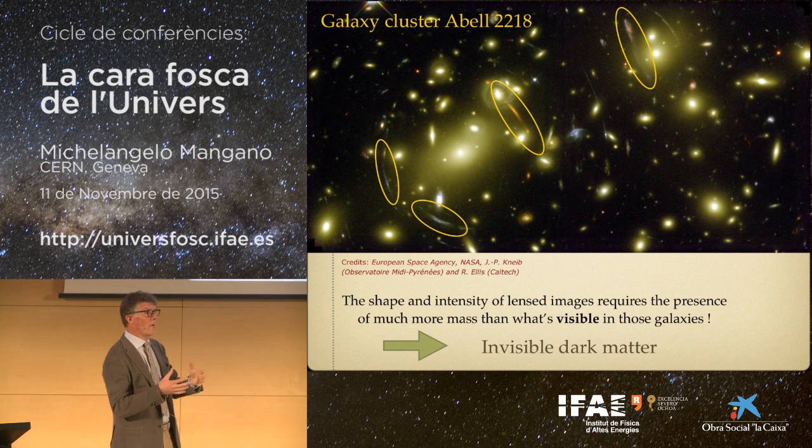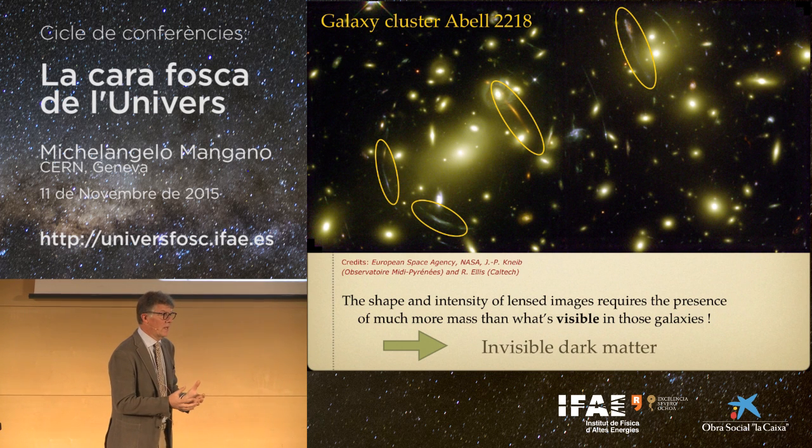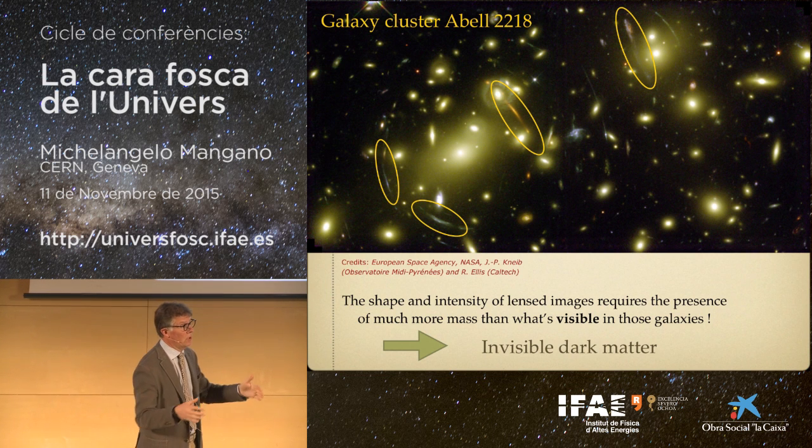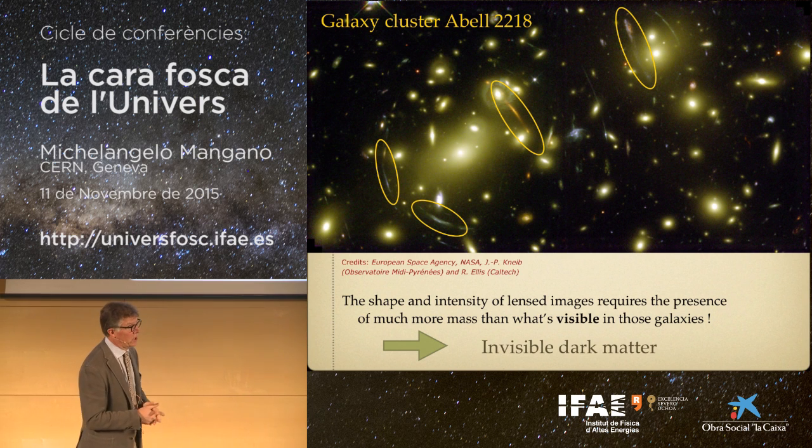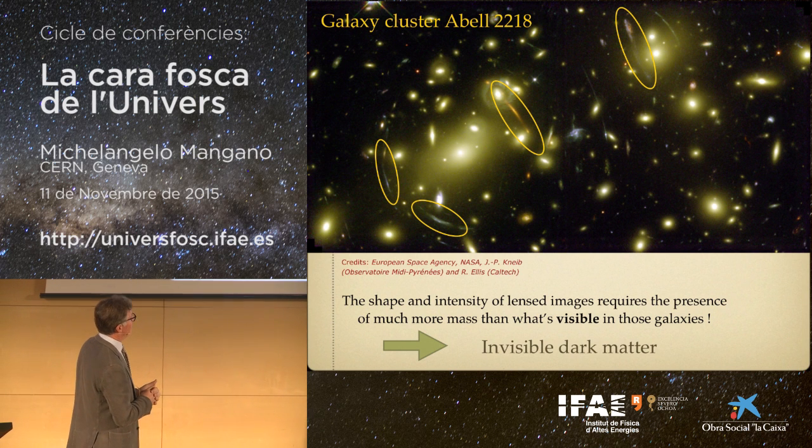Of course, the more mass there is in the galaxy cluster, the more the light will be bent. It's like saying if we have a very thin lens, it will not do much. If we have a very thick lens, it will corrupt the trajectory of the light much more.